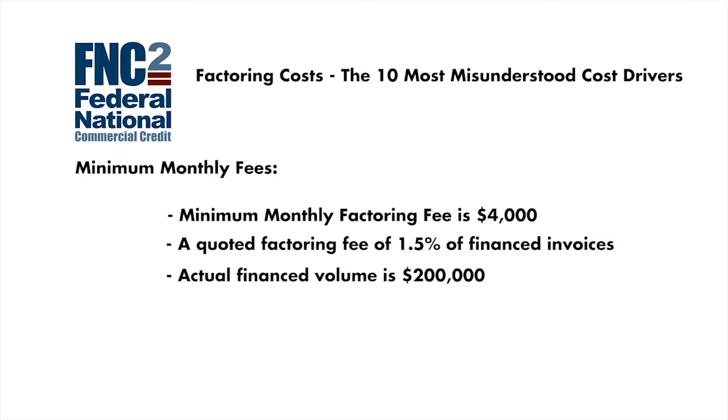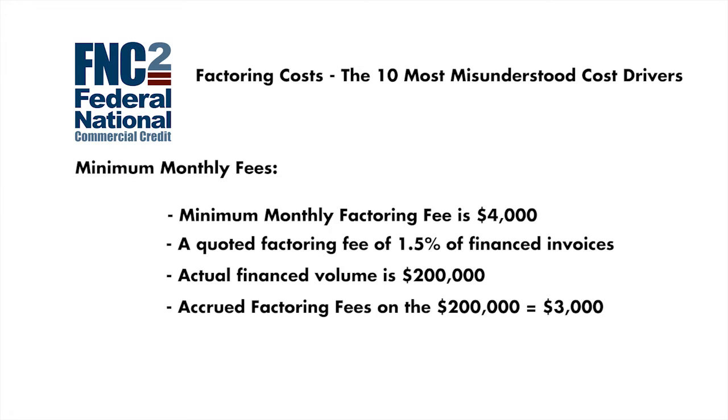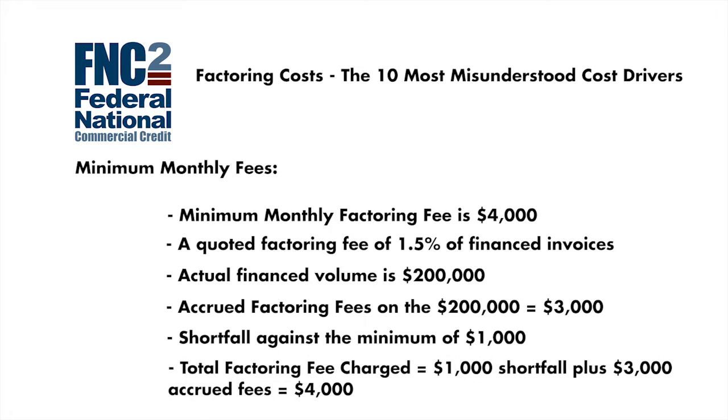At your 1.5% factoring fee, the factoring fees on $200,000 would be $3,000. But your minimum factoring fee is $4,000, so there's a shortfall of $1,000. So you would be charged that $1,000 of shortfall in addition to your actual accrued factoring fees to make up the minimum. So that's the way this example would work.